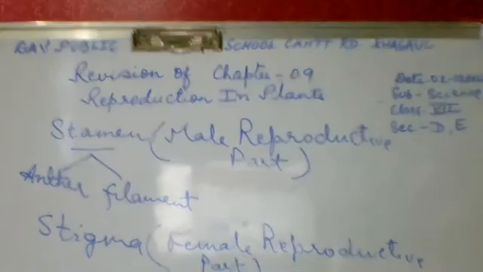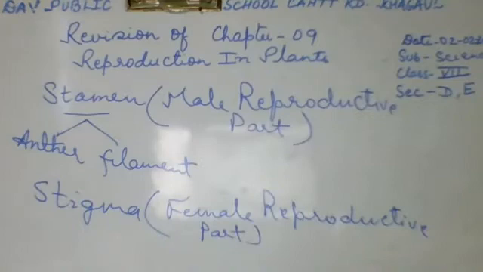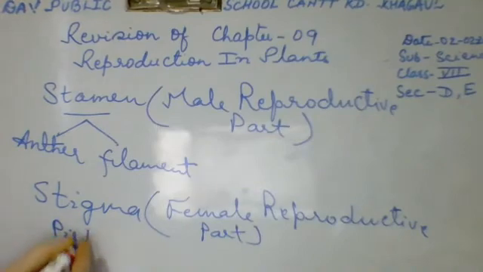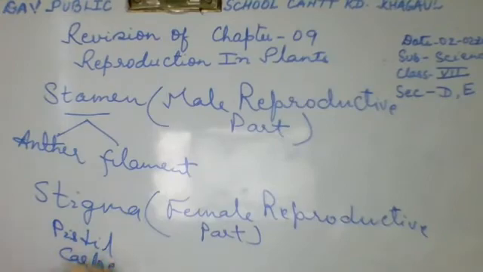Again you are repeating the same answer. Say stamen, pistil or stamen. Why are you telling stigma? Pistil and stigma are the same thing. Pistil is also the same for you. Pistil, carpel, all of these are used for the female reproductive part.